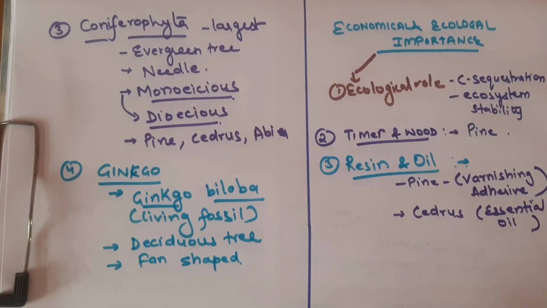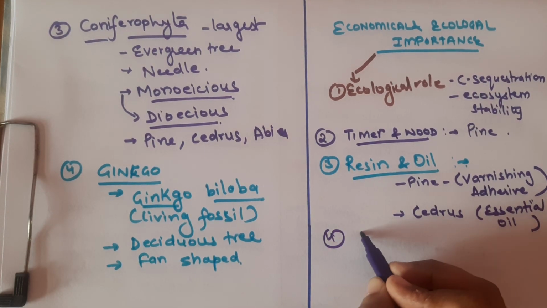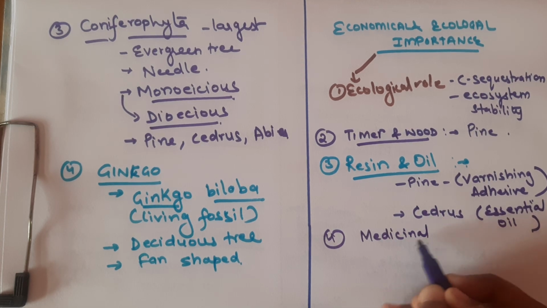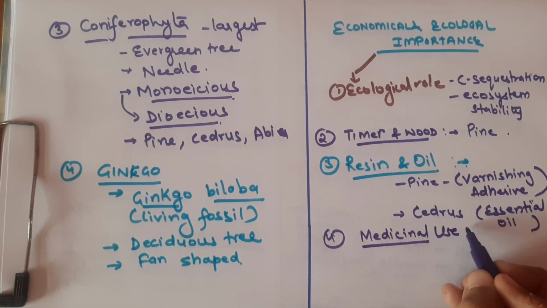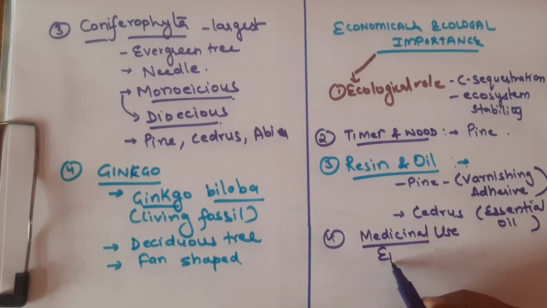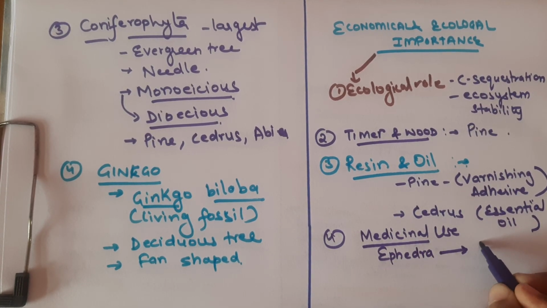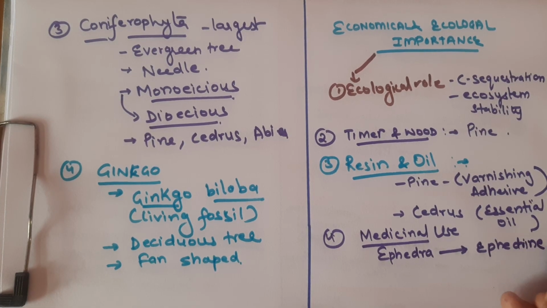So I already told you about medicinal properties, but if we talk about specific medicinal usage, then ephedra is also there. So ephedra is the source of a drug, that is ephedrine, and this is used for treating various kinds of asthma and allergies.